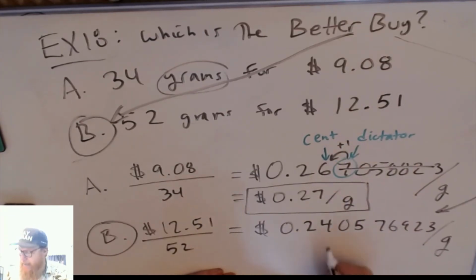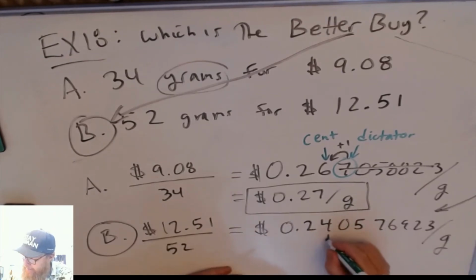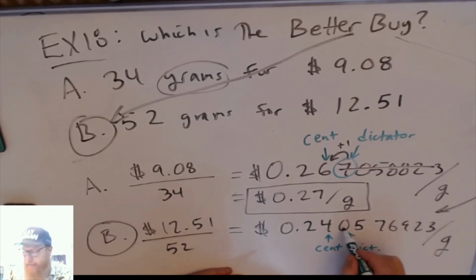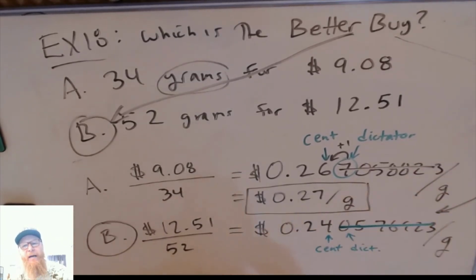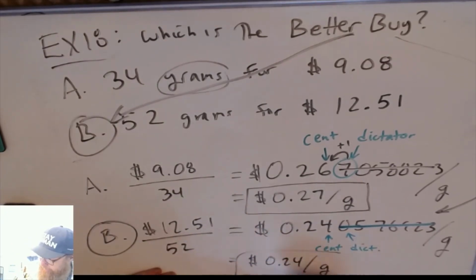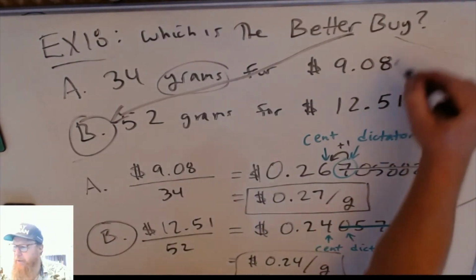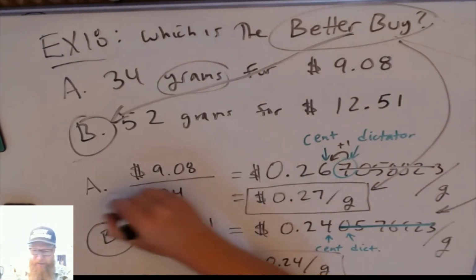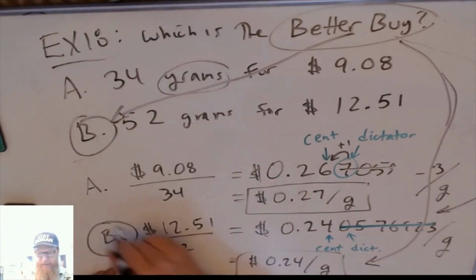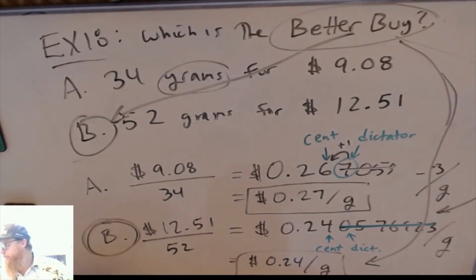And then for this one, the nearest cent is 24, and then the dictator is 0. So we're just going to throw those away, and we're just going to get 24 cents per gram. And so the better buy is clearly product, oh, I pointed to the wrong one. Clearly product B is the better buy.